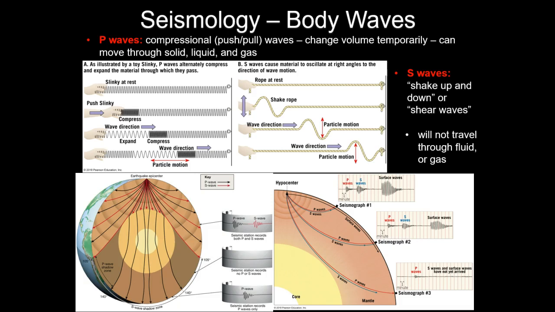So temporarily, they will push or compress the rocks or the liquid or the gas through which they're traveling, and they will stretch or pull those same materials as they're traveling. This is similar to when you are stuffing your sleeping bag into a bag, for example, and if you don't push it inside the bag, it will kind of spring back.